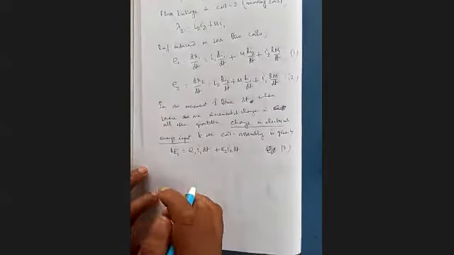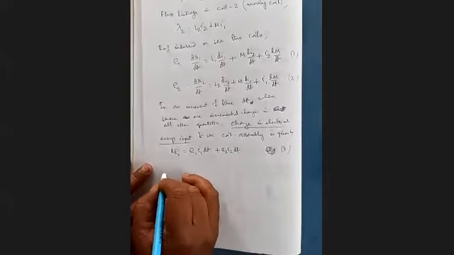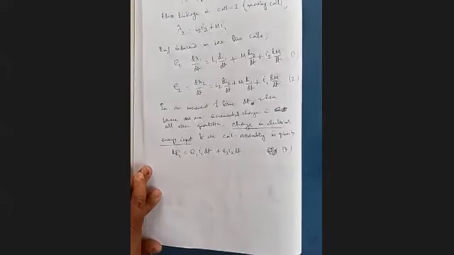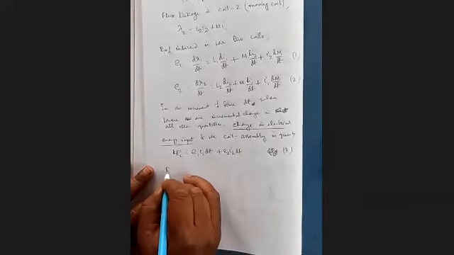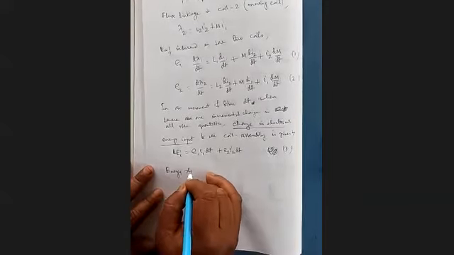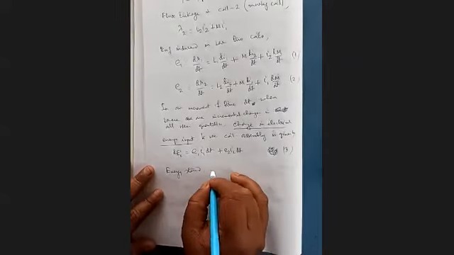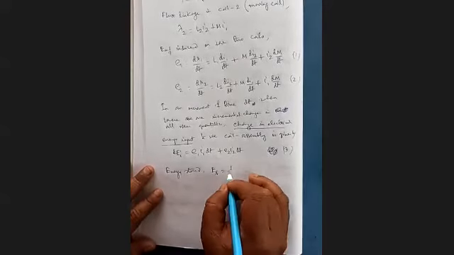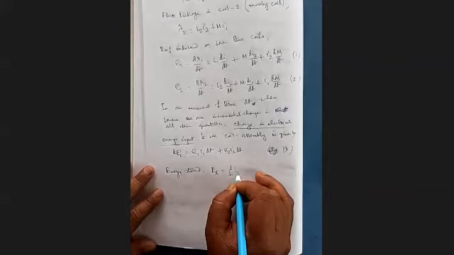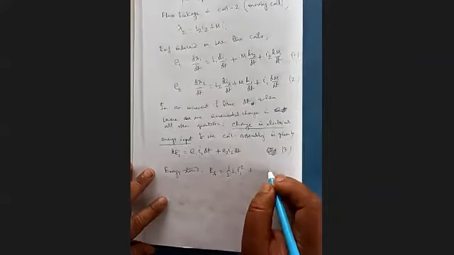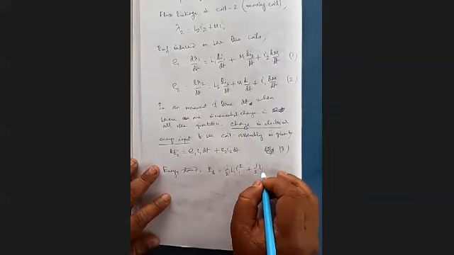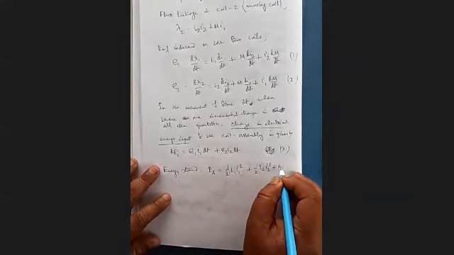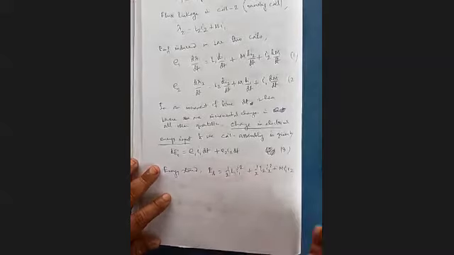Now what is the stored energy in a system? When some current flows and there is a magnetic flux inside, the energy stored is ES equals half L1 I1 squared plus half L2 I2 squared plus M I1 I2.